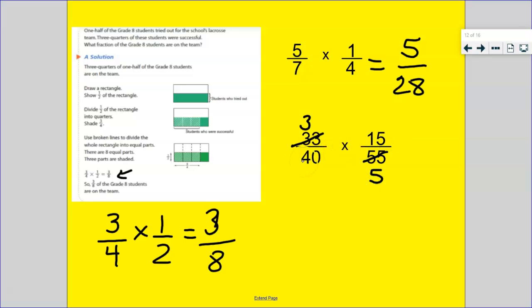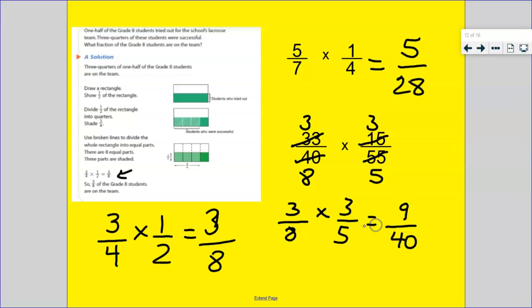And then you can look on the diagonal again here. 15 and 40 have both 5. That would reduce, so you can put 8 here and 3 here, so you're dividing by 5. So now we've got nice small amounts here, and we can go 3 times 3 is 9, 8 times 5 is 40, and then that gives us our reduced amount.